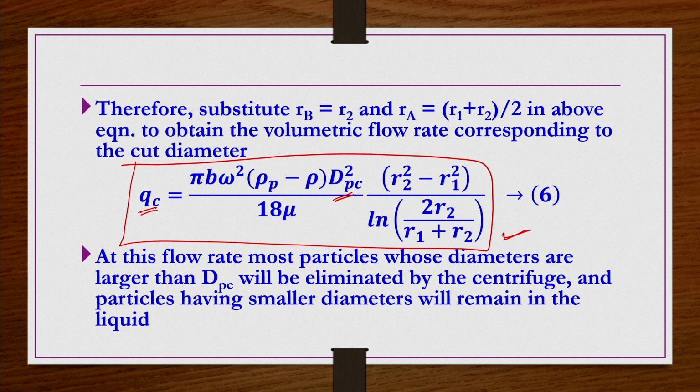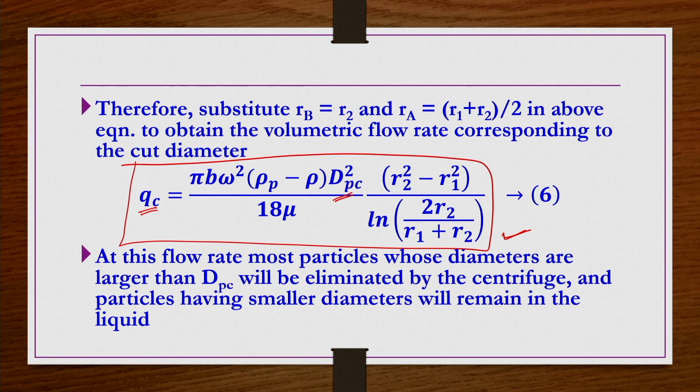Now, as I mentioned already in one example, if you have 0.1 to 10 micron size particles in a liquid solution, and you have a fixed dimension centrifugal bowl, and you want to separate the particles whose size is 1 micron or more, you can calculate from here what volumetric flow rate you should provide to the inlet feed.